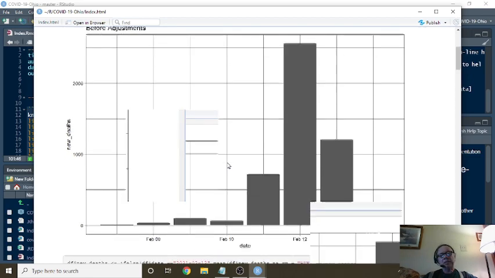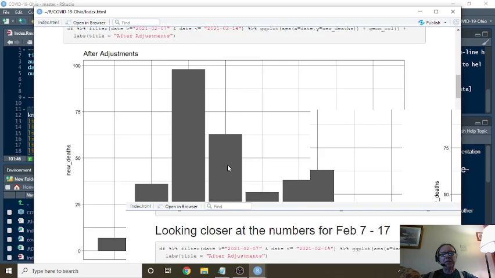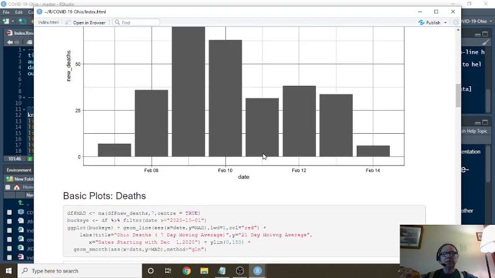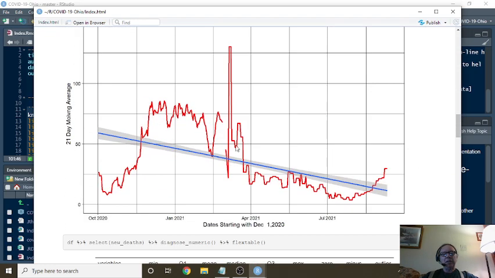In order to compensate for that, first thing we replaced the 11th, 12th, and 13th with the average number of COVID-19 deaths for those 3 days. Now we look over here, and you can see this is a 7-day moving average. You notice the kind of little jagged edge here. That's probably because of those missing numbers. One thing I forgot to mention about this, this is the best part of all.